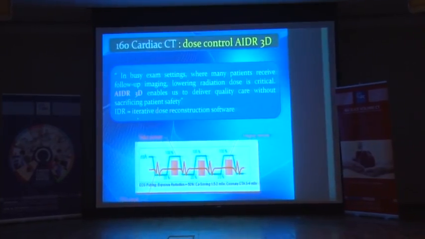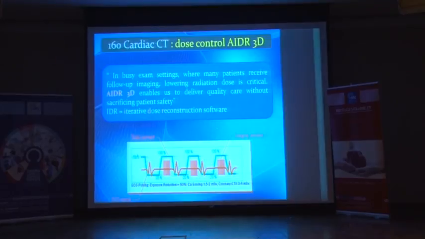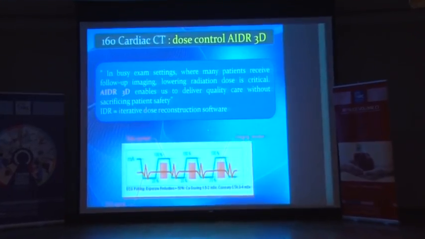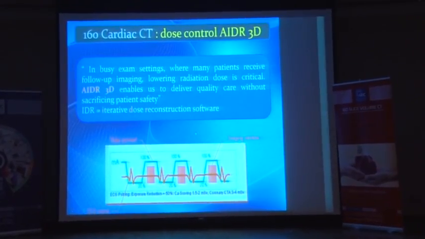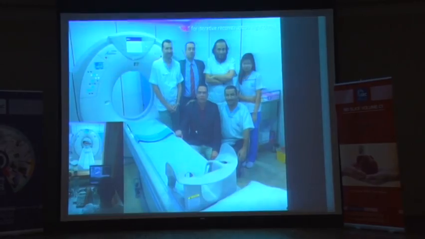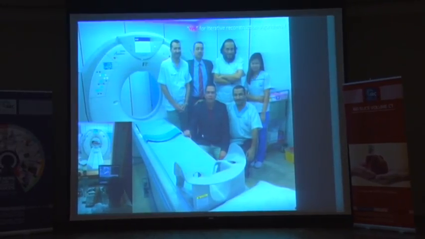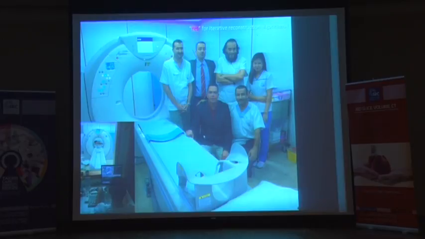We call that the iterative dose reconstruction technique. This is very important because it really decreases the amount of radiation and gives us a very safe exam for the patients. And we are really using these techniques in our center, and it's very crucial for us because radiation is a very important issue for us.